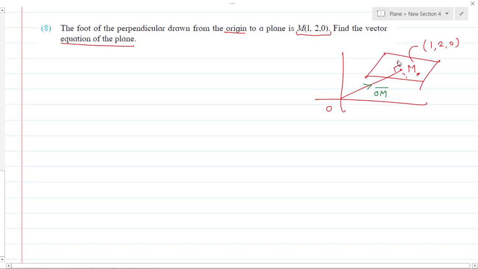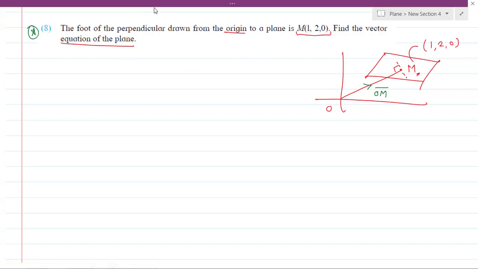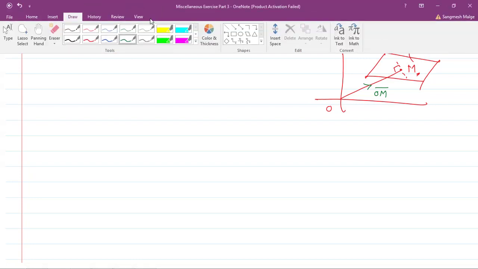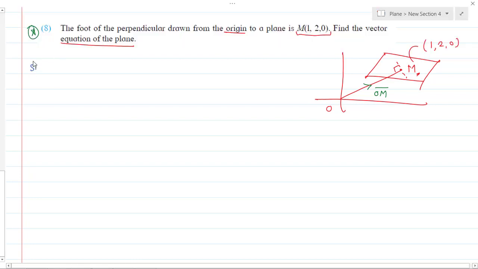So indirectly the question gives us both parameters. The first is the point through which our plane is passing, which is the foot of perpendicular, 1 comma 2 comma 0, and the direction ratio of the normal is also given.